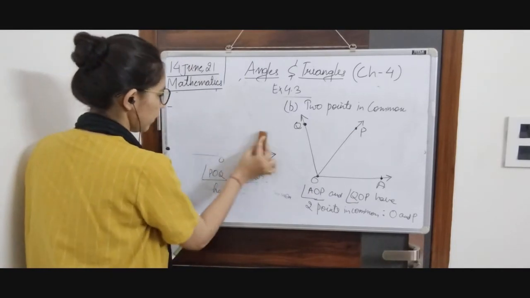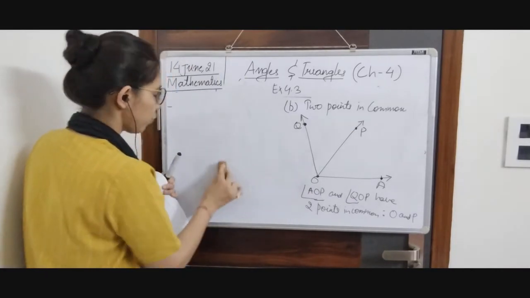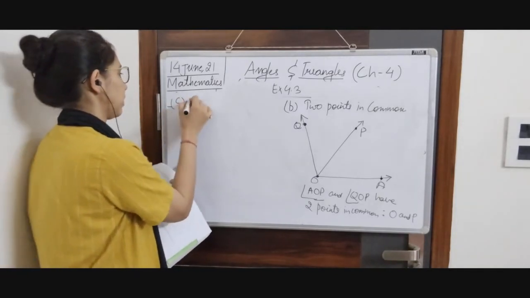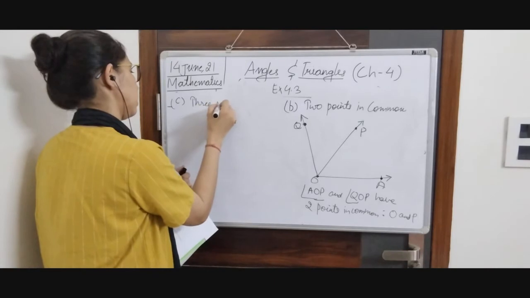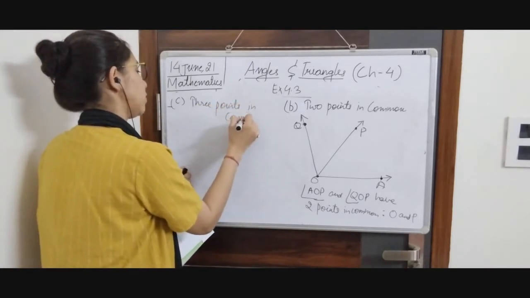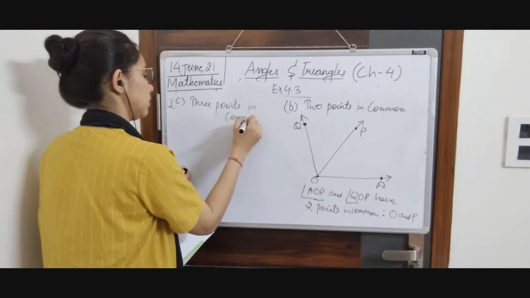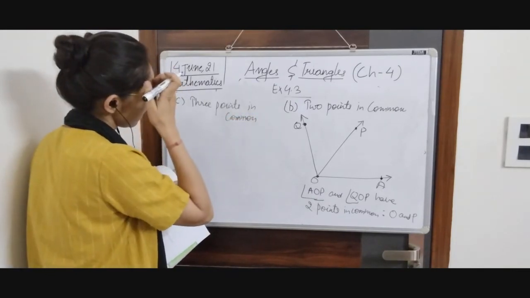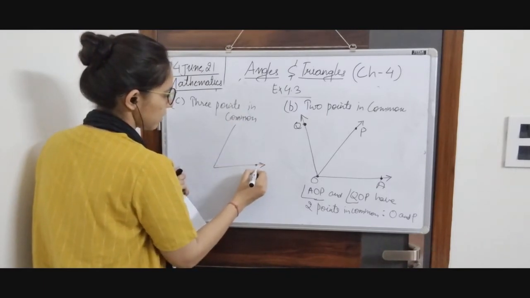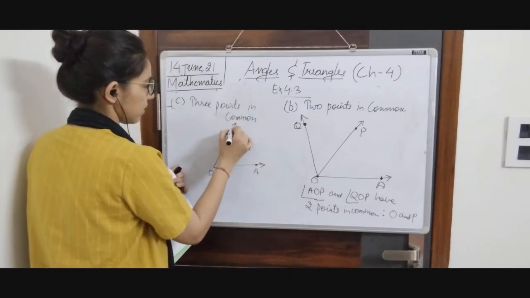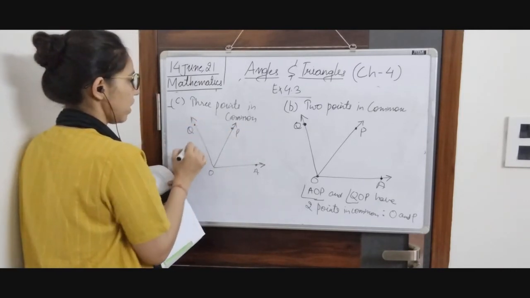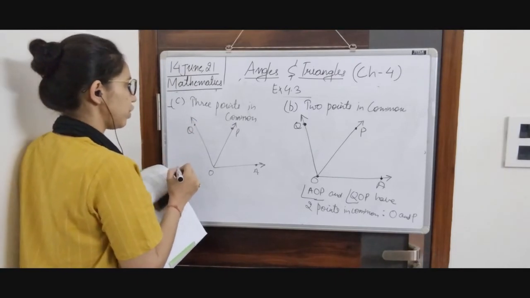Next, in part C, we have to draw two angles in which we have 3 points in common. Like in part B, we will draw two angles. One is this, and second is this angle Q. We have to have 3 points in common.